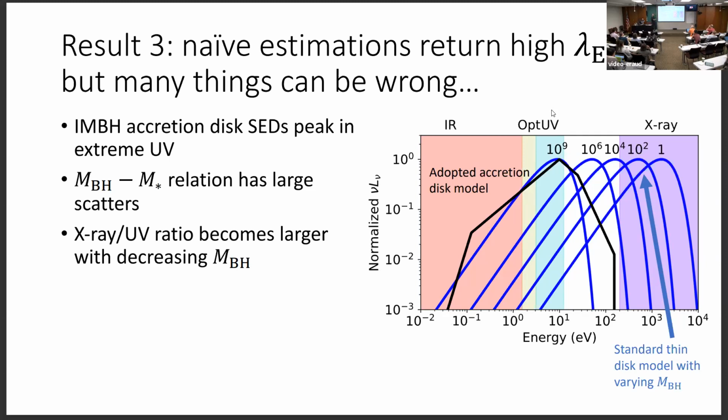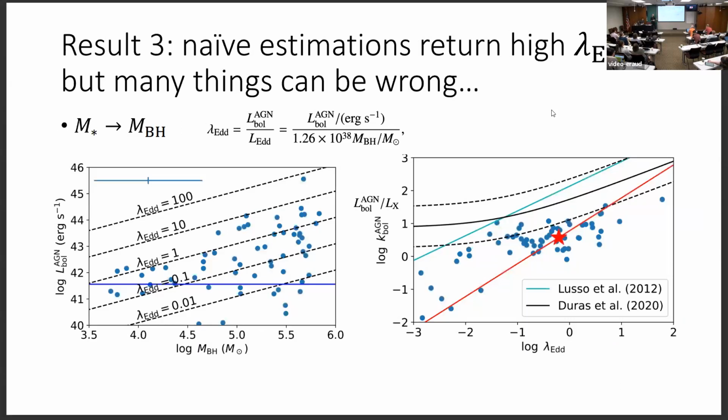Okay. And also we know that the black hole mass and the stellar mass relation has very large scatter, so this probably will cause some Eddington-like bias. And also we know that the X-ray over UV ratio becomes larger with decreasing black hole mass, so the third point means that the relation itself will probably go down a little bit for dwarf galaxies.